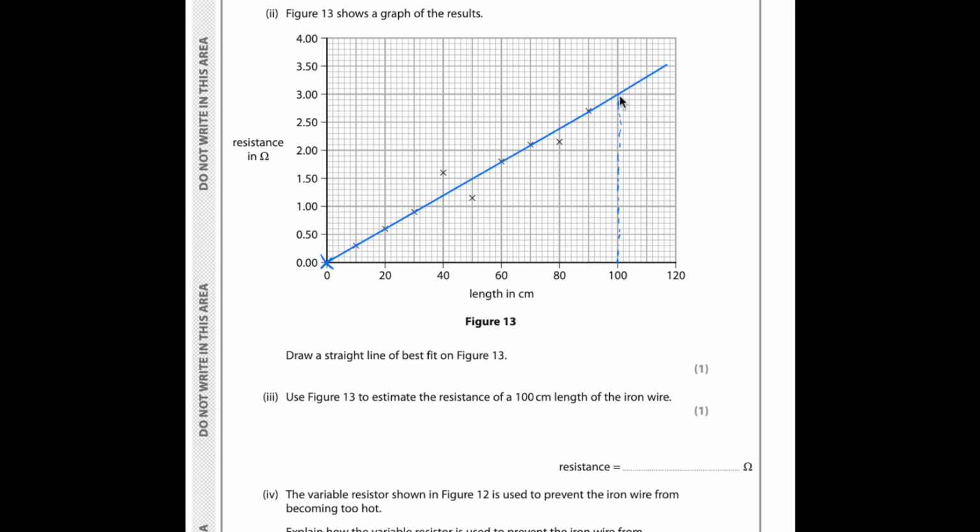Then our value is going to be here, which is 3 ohms. They'll always allow you a range, so it depends on what your line of best fit was. They'll actually accept anything between 2.7 and 3.3.